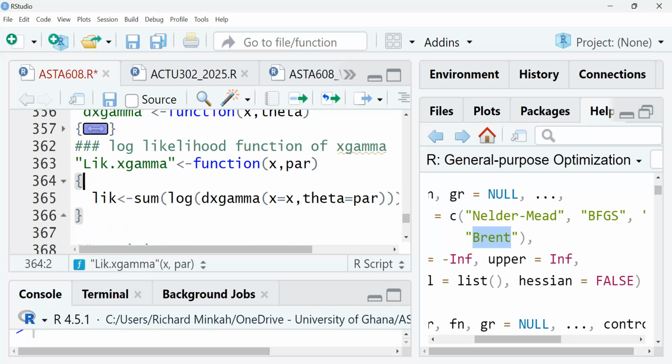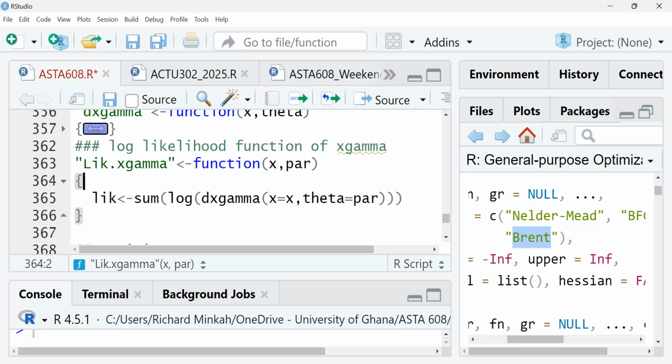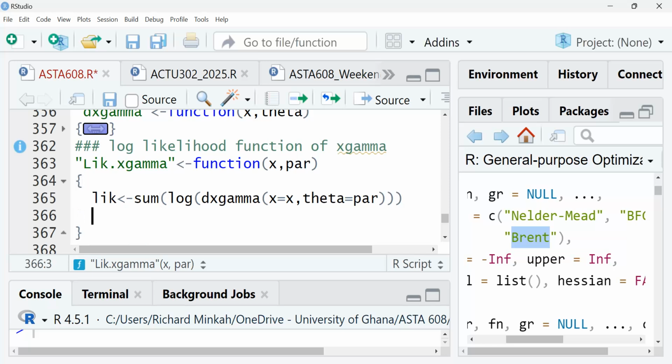Oh, I get it. Wait. Remember, okay, so it's a mistake I did.